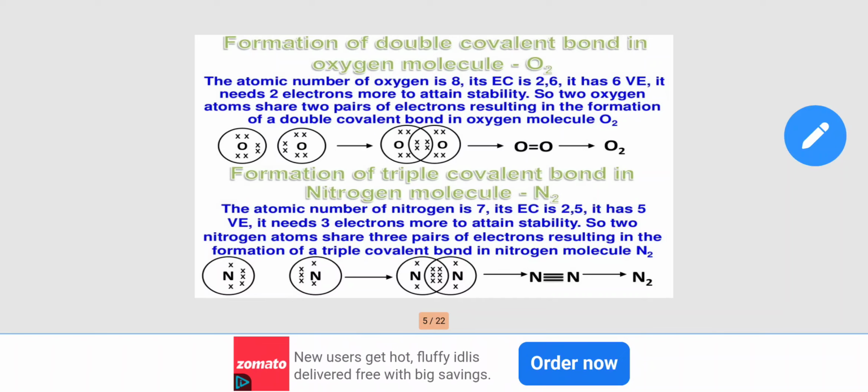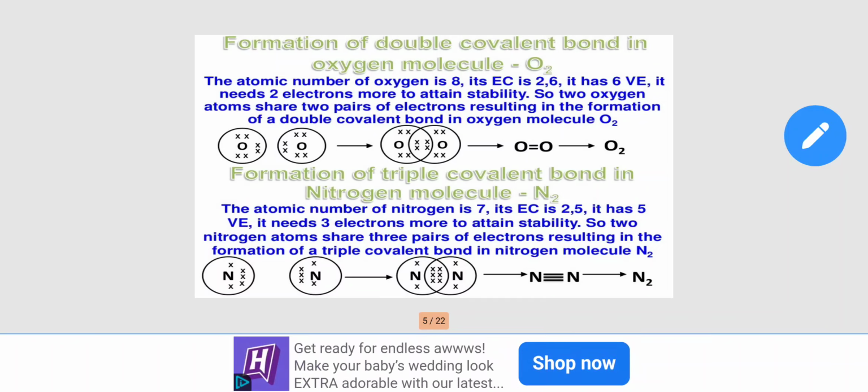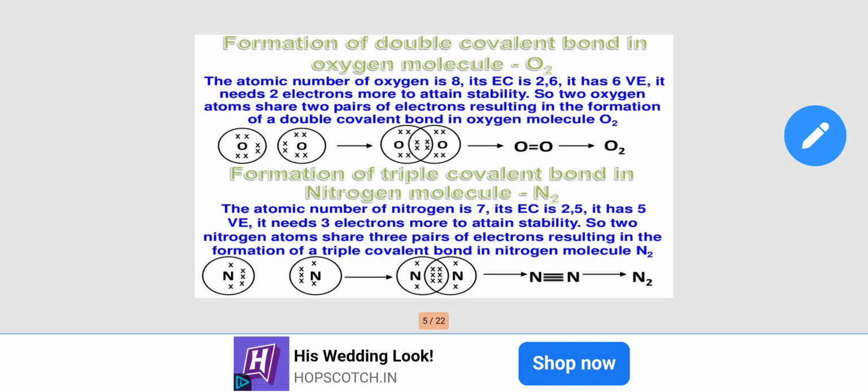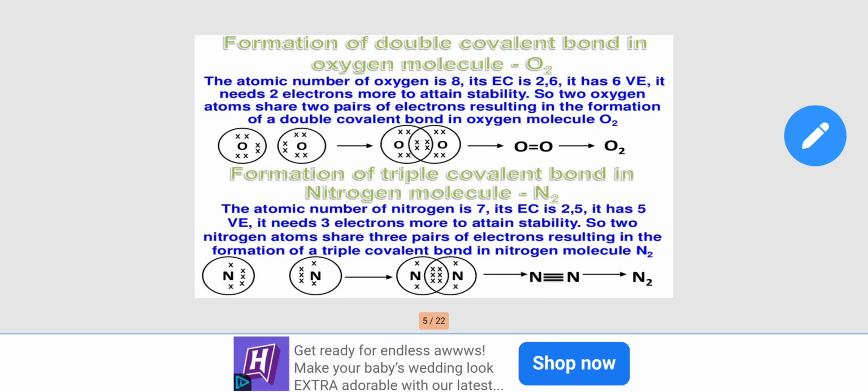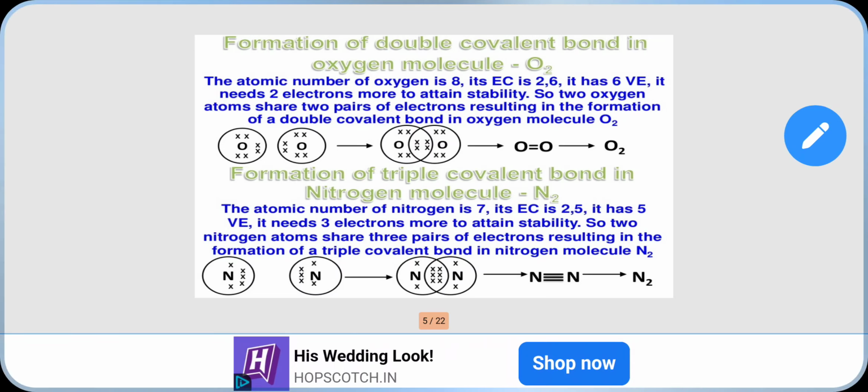Carbon forms covalent bonds by sharing electrons, for example methane and ethane, and covalent compounds generally have low melting points and poor electrical conductivity also. The atomic number of oxygen is 8, its electronic configuration is 2, 6. It has 6 valence electrons.